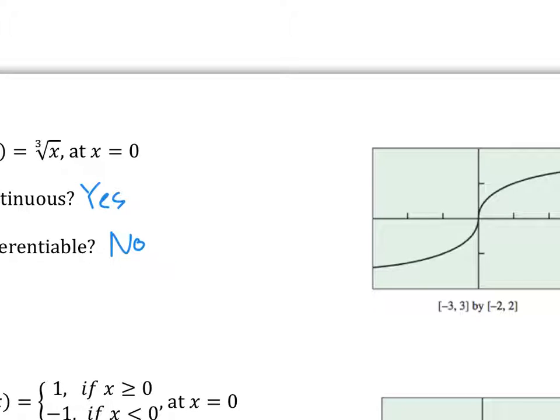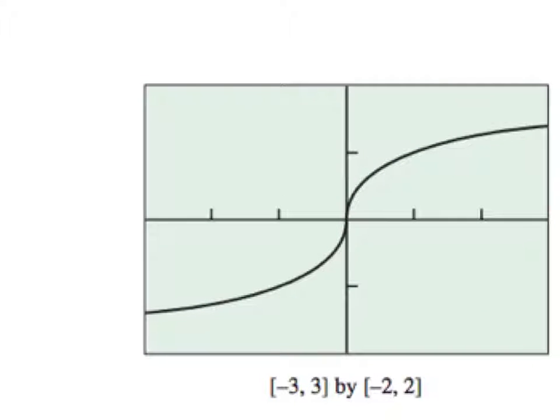Why not? Let's look at 0. What is the slope? If I were to draw a tangent line at this point, at 0, how would it look? A vertical line. What is the slope of a vertical line? Peter? Undefined. Therefore, not differentiable.